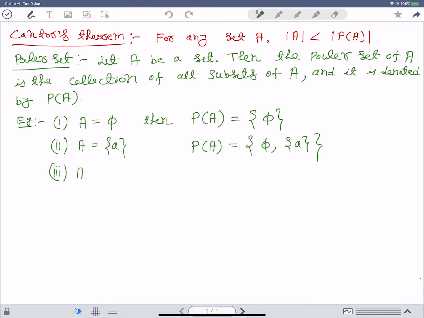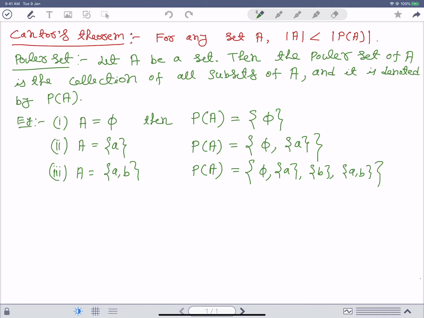If A is the set {a, b}, then P(A) is the collection of the sets: empty set, {a}, {b}, {a, b}. So in this way. Fine.